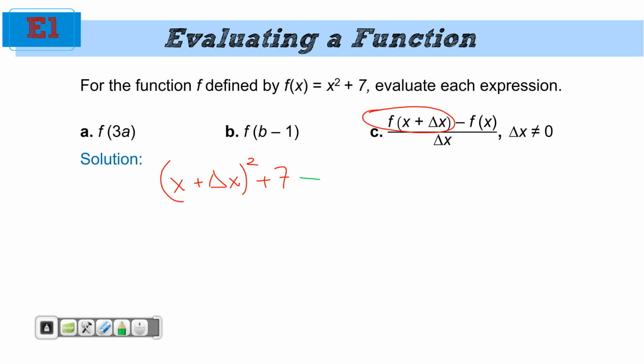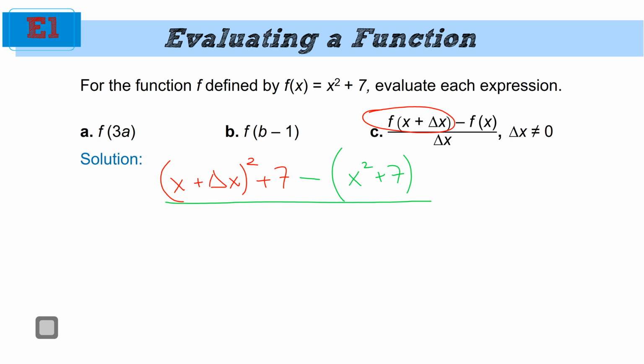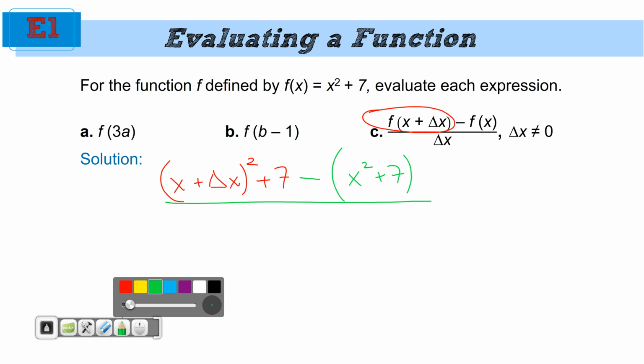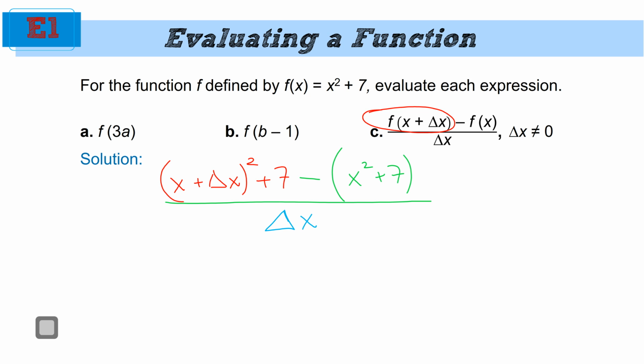Minus f of x, which is just the function, all over delta x. The biggest mistake that people make, if they understand the concept of putting functions into other functions, is those parentheses in green. Those are crucial. Because without those parentheses, it doesn't turn the 7 into a negative value. It stays a positive 7, which is bad.